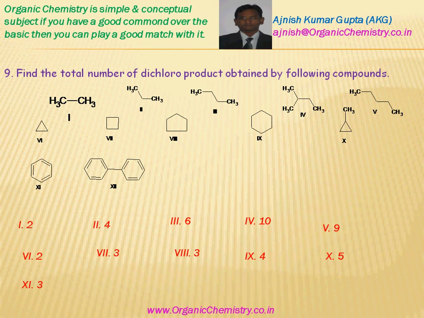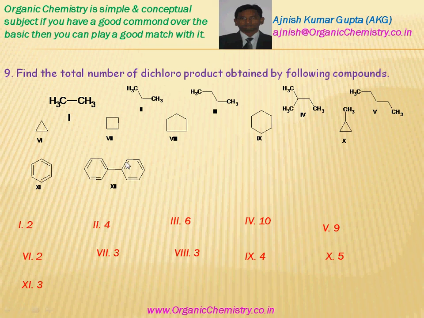For biphenyl, the positions are 1, 2, 3, 4, 5, 6 in one ring. For the other ring also 1, 2, 3, 4, 5 or 6.